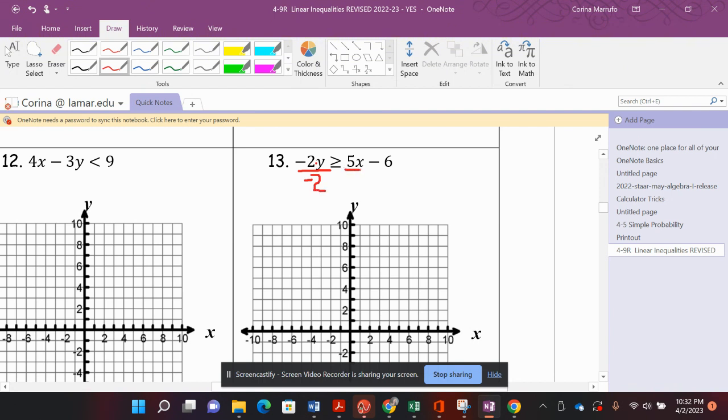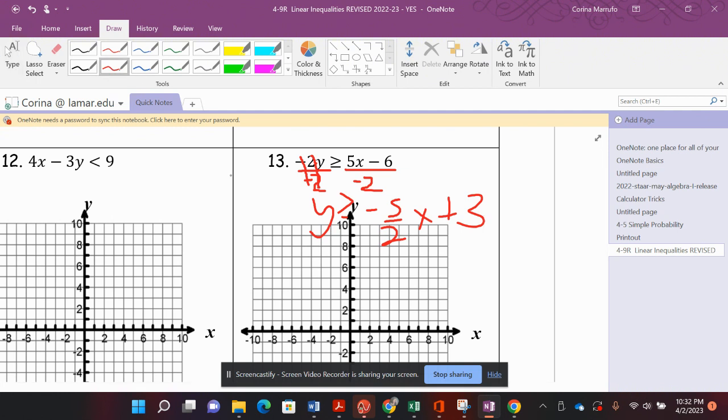So we divide both sides by negative 2. Okay, these 2's cancel, these negatives make a positive, so 5 divided by negative 2. So we're left with y is greater than or equal to negative 5 over 2 x. And negative 6 divided by negative 2 is going to give me a positive 3.